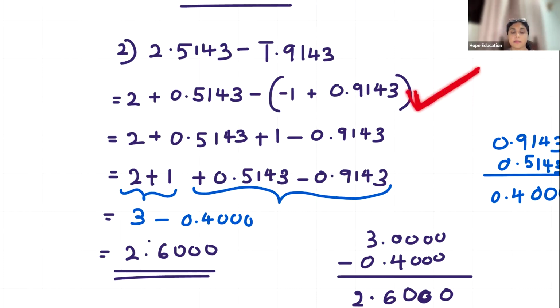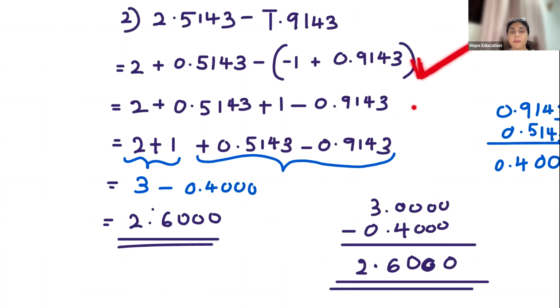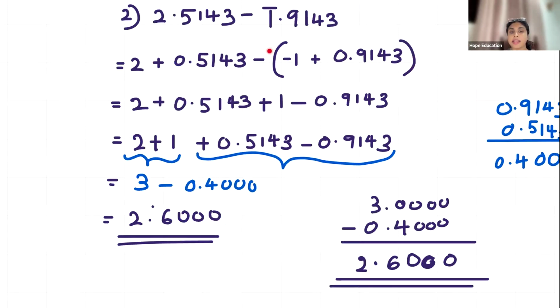Okay. The next step. Remember minus times minus is plus, so I put plus 1. And then minus times plus is minus, so I put minus 0.9143. Up to that step, is it clear? Okay.